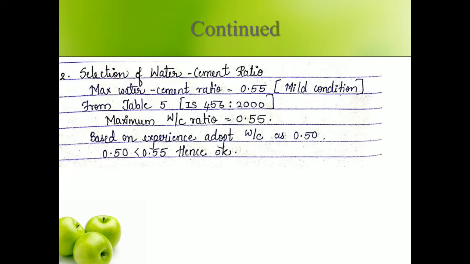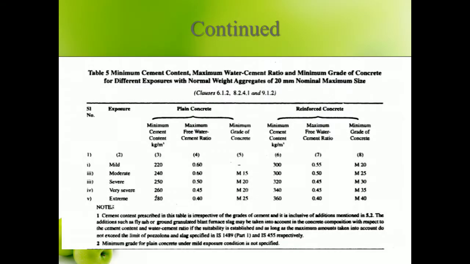So from this table we have maximum water cement ratio as 0.55, but depending upon experience the water cement ratio is 0.5. Whatever the value we got is greater than 0.5, so hence it is okay. So the design remains safe for us.